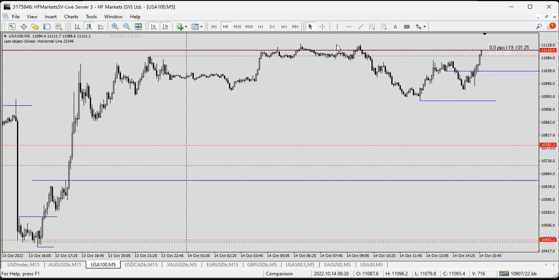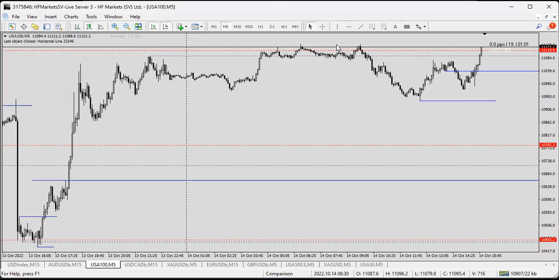Put my stop at, where are we now? I can't see the price. 13, so put it at 130. Okay, cool. There we go. Take profit's gonna be the same place. And if this stops me out, I'm done for the day.